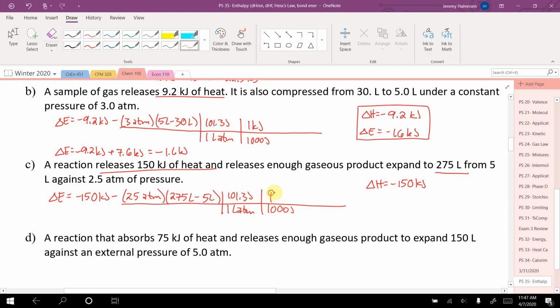Change in energy is negative 150 kilojoules minus 68.4 kilojoules, which leaves negative 218 kilojoules.